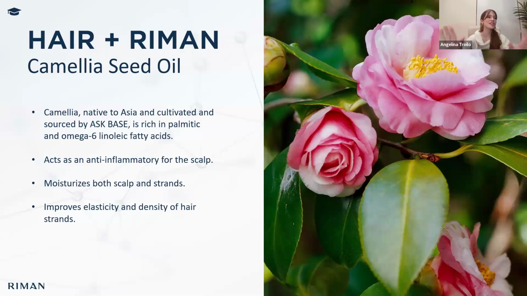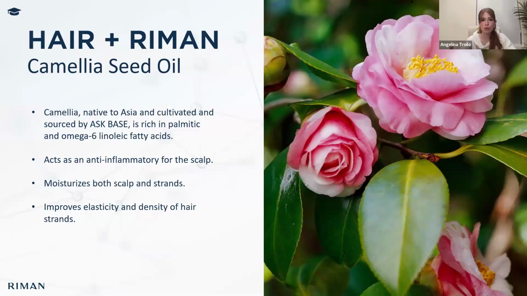I hope you are not a stranger to camellia seed oil. We have it in a variety of different products, even in the Insulderm skincare products, but it is so beautiful for hair care. And again, it is another natural extract that we have sourced ourselves on Jeju Island. So the camellia seed extract is native to Asia, cultivated by Ask Base, but specifically it is rich in palmitic and omega-6 linoleic fatty acids.